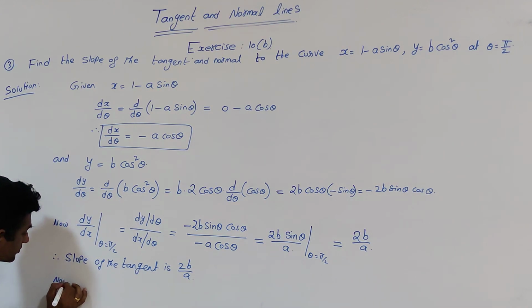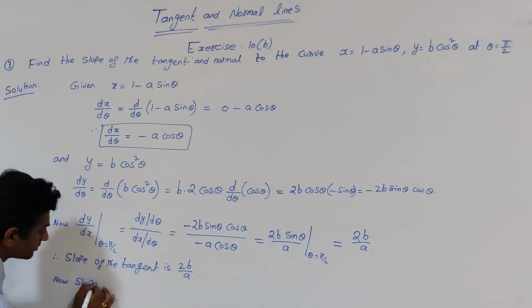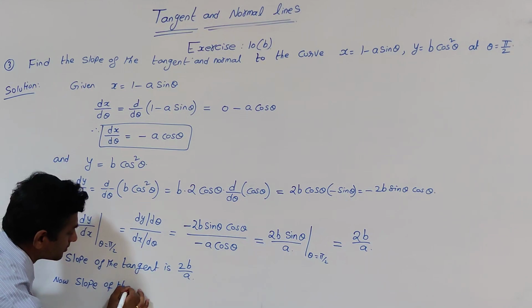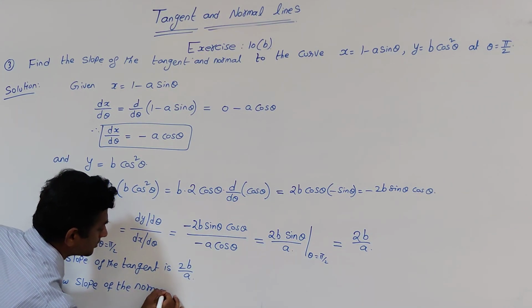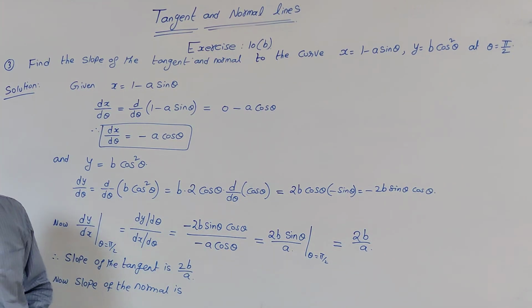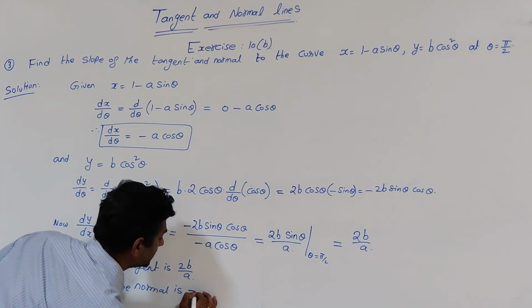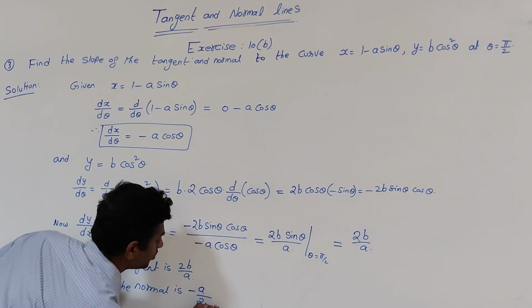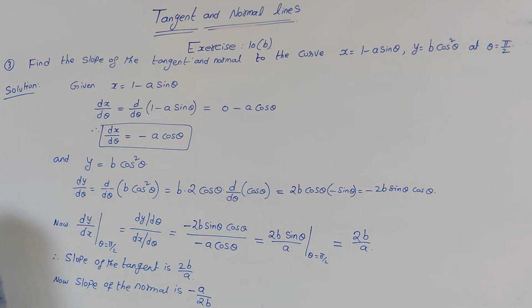Now slope of the normal will be what? The negative of its reciprocal, that will be minus a by 2b. That is the slope of the normal.